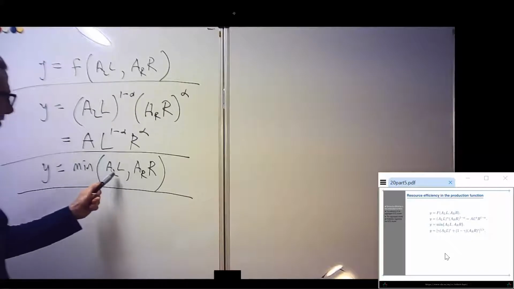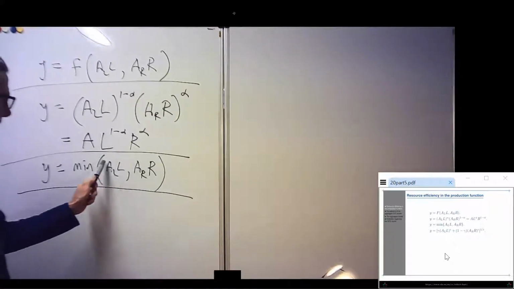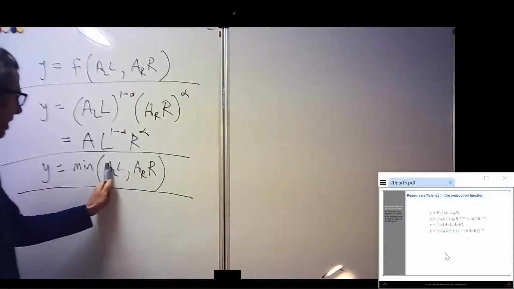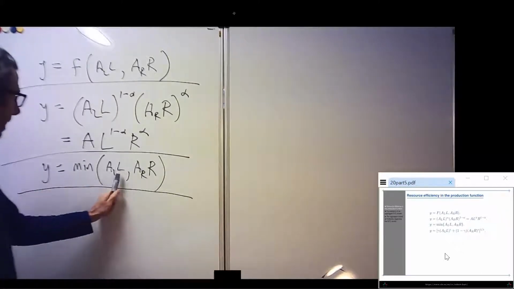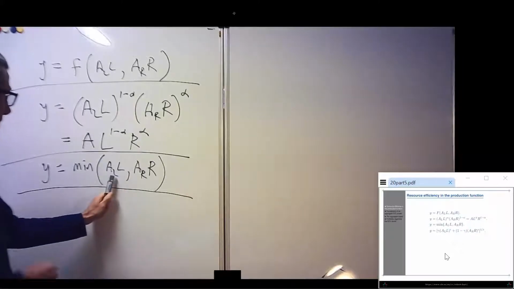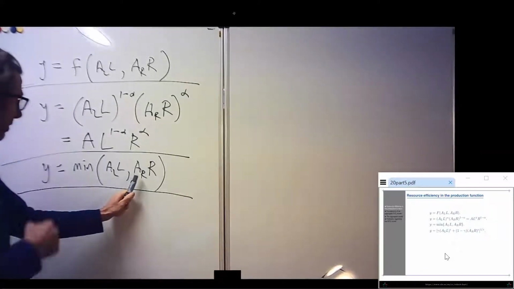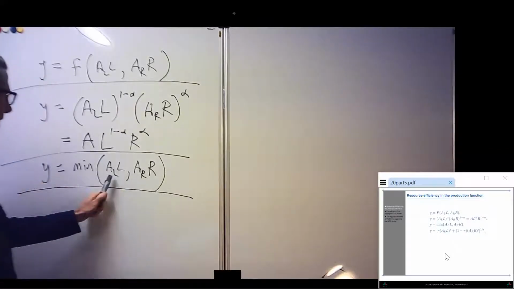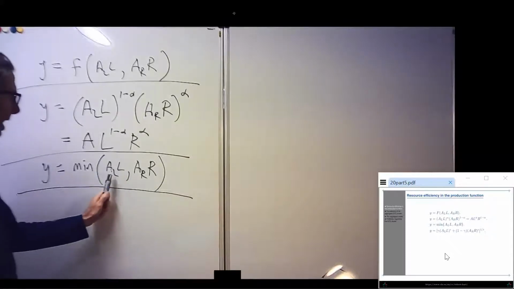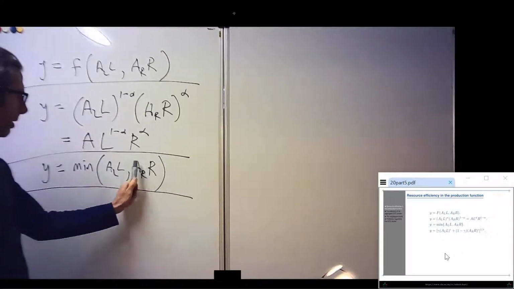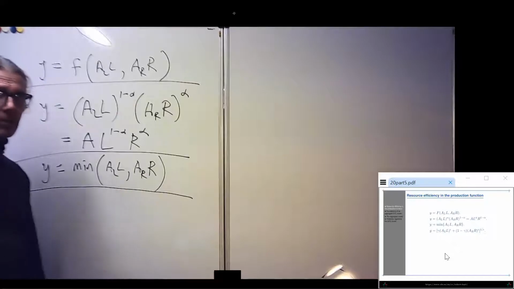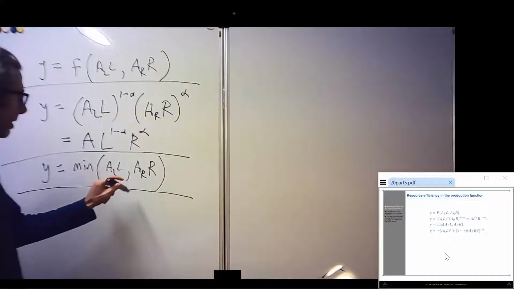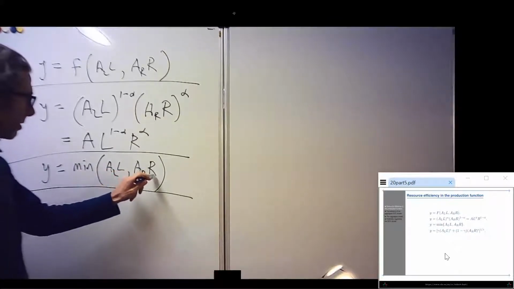But the point is here that for 1 unit of Y, we need at least 1 unit of ALL, augmented labor, and 1 unit of ARR, augmented resources, which means we need at least 1/AL units of labor and at least 1/AR units of the resource.